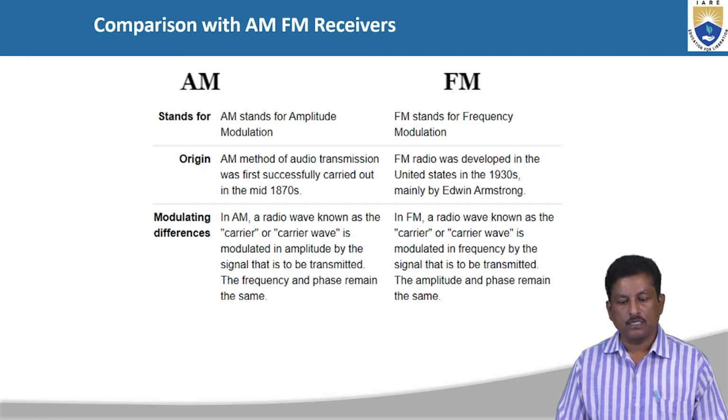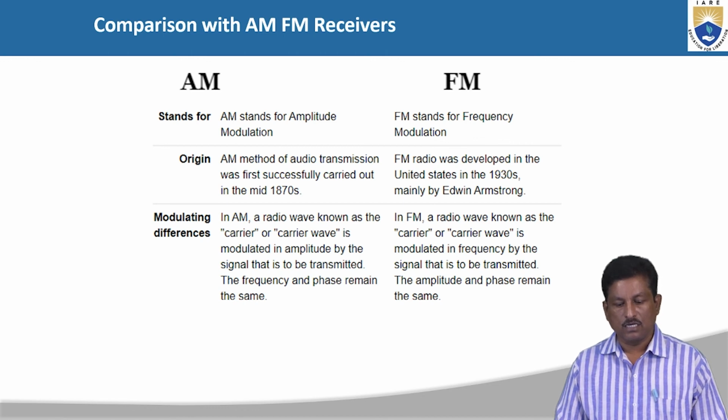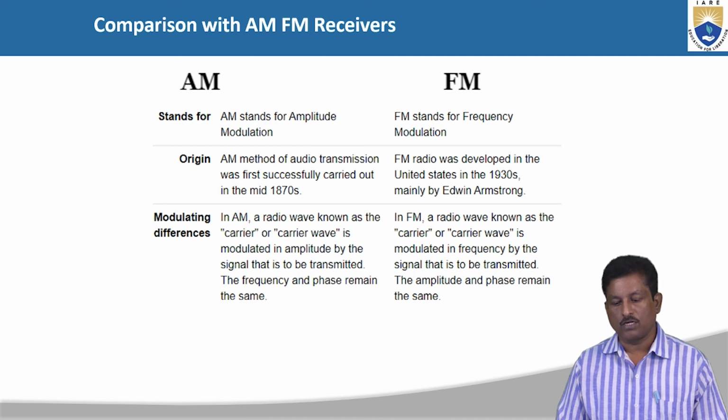Then compared to these AM and FM receivers, these are the main important differences based on the modulation techniques. In the case of the AM receiver, you use AM modulation, whereas the FM is frequency modulation. The modulation difference between these two is that here we have the carrier signal and modulated wave, and similarly here also we have the carrier wave and modulated wave.